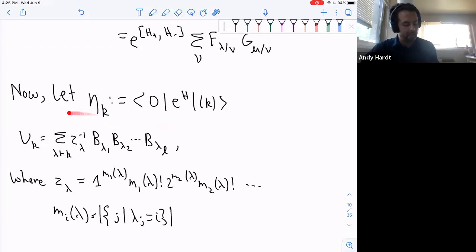And then the operator analog of this is this operator u sub k. So if you know the formula, this is the complete homogeneous symmetric function, and these are the power sum symmetric functions. So it's the same relationship between these operators as it is between those functions.